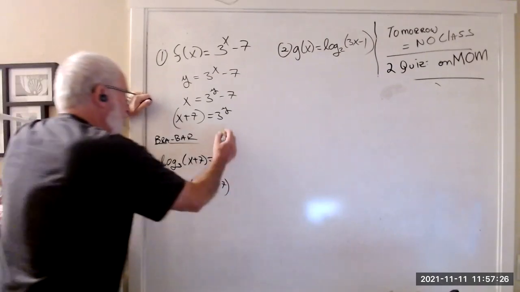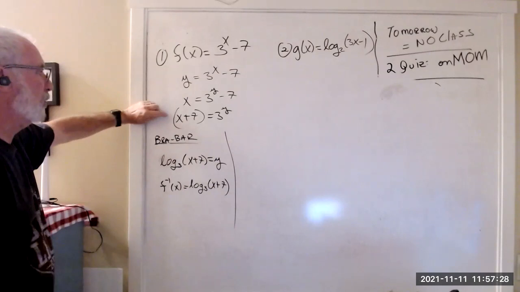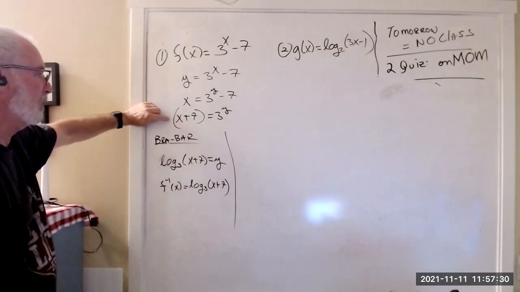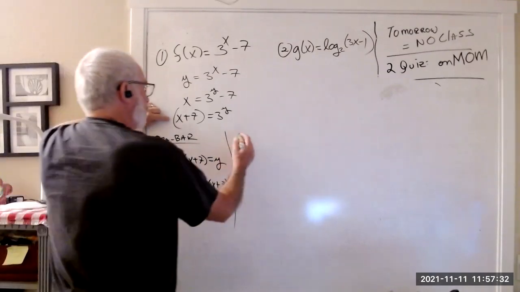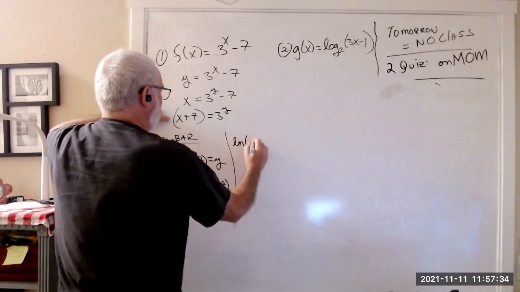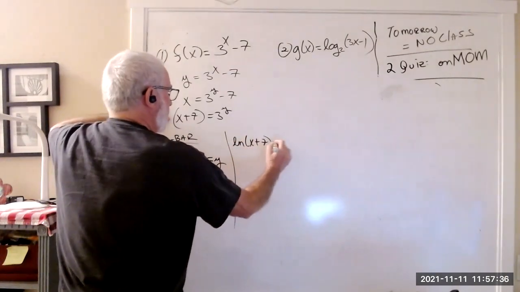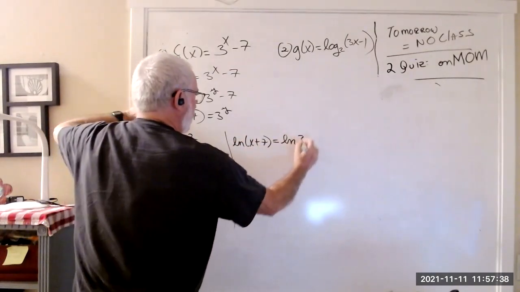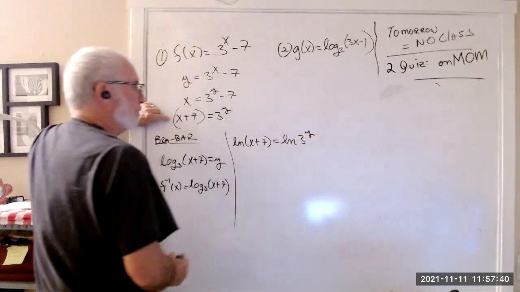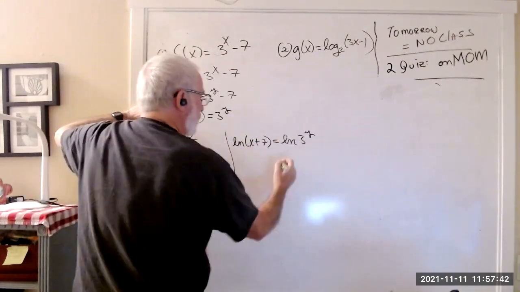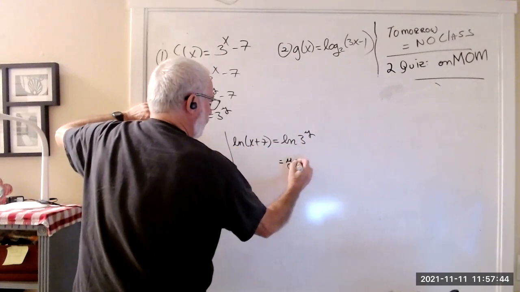The alternate way of doing this problem would be to take the ln of both sides. So you have the ln of x plus 7 equals the ln of 3 to the y. That allows you to bring the y out front.